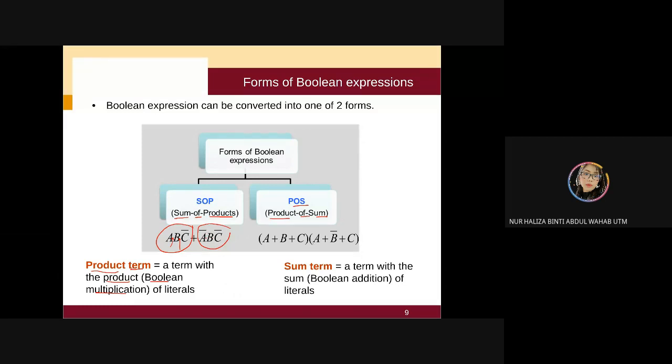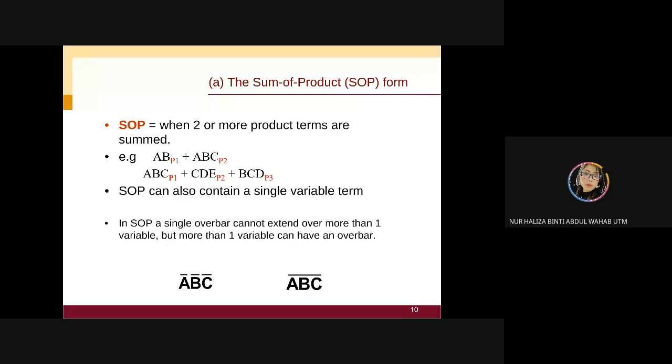While for sum terms, it is a term of sum, which is Boolean addition. So that's why SOP is your sum of your product, where you sum all the products. And the other one is POS, where you have a product of sums. There are several examples.